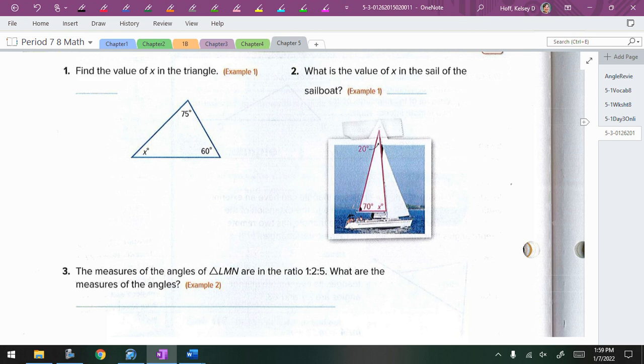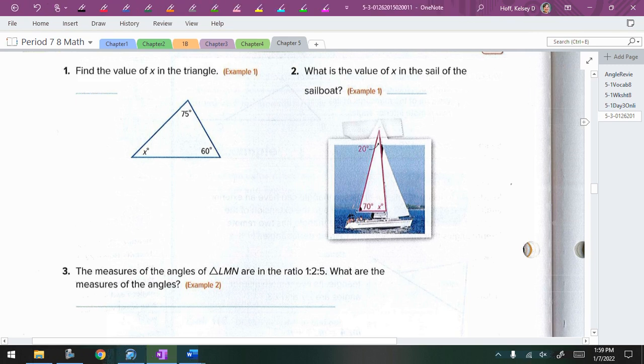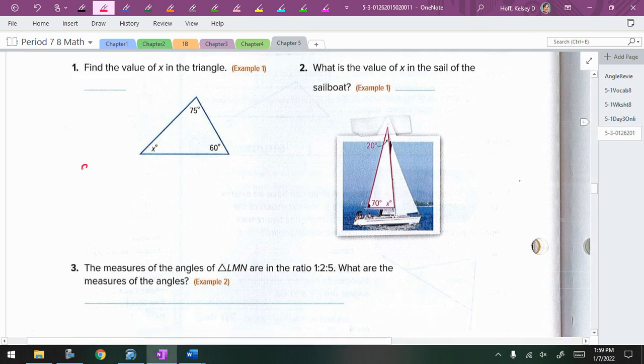All right, when Ms. Hoff says that you have to write an equation, somebody tell me what she's expecting to see on problem number 1. What should the very first thing that you write down say? 180 equals 75 plus 60 plus x. 100%.